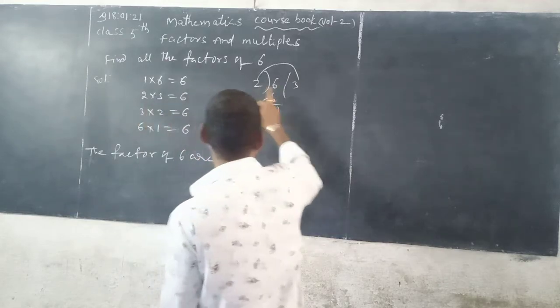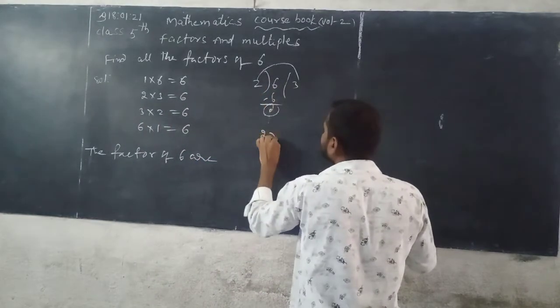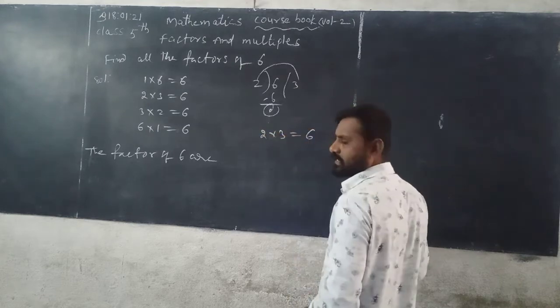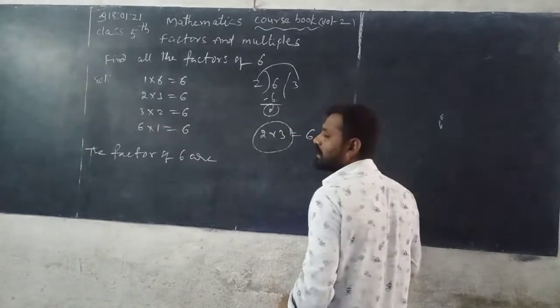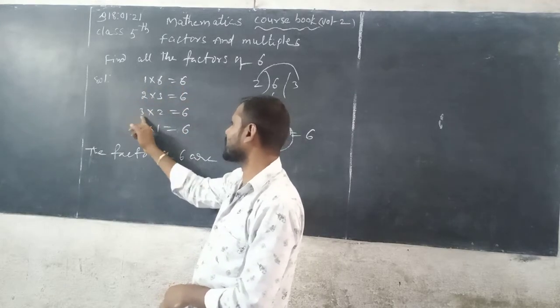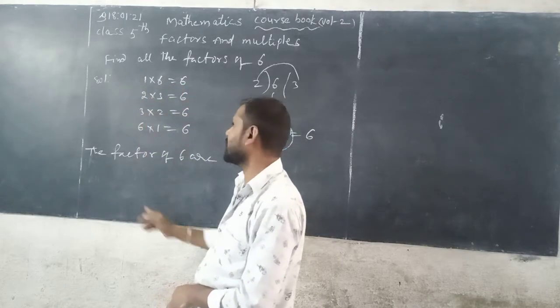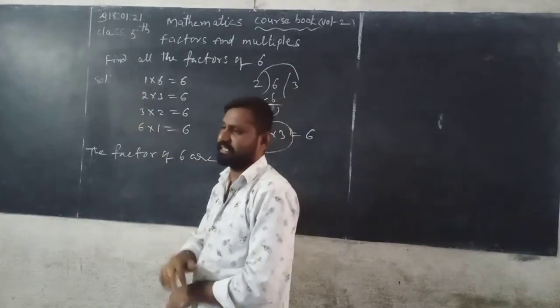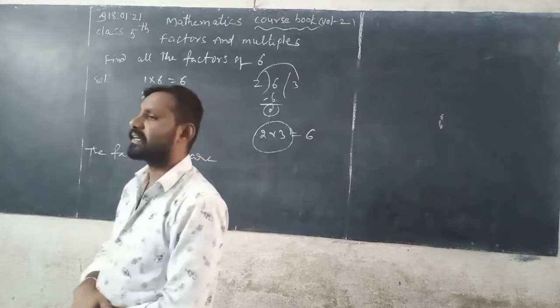So you can write 2 into 3, again you get 6. Then 2 and 3 are called factors of 6. 1 6 is 6, 2 3s are 6, 3 2s are 6, 6 1s are 6. So 1, 2, 3 and 6 are called factors of 6.